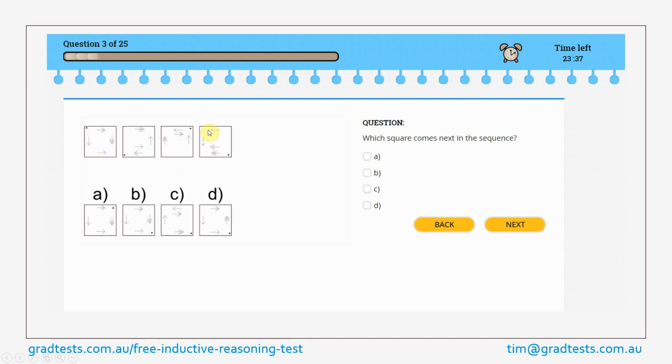So we would expect, in the 5th square in the sequence, this arrow ends up here, and this arrow ends up here. Is that the case for B? Yes, it is. So that all makes sense, and I'm pretty sure at this point that B is going to be the correct answer. That's what I'd select, and we'd move on.